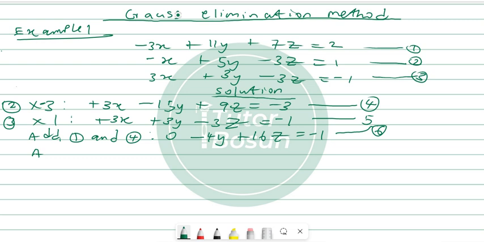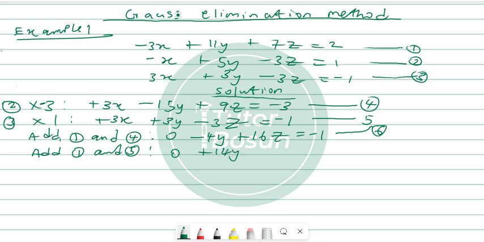Same thing you do to equation 5. You add equation 1 and equation 5. So you can see x has also been eliminated, and if you add 11y with 3y, that gives you 14y.